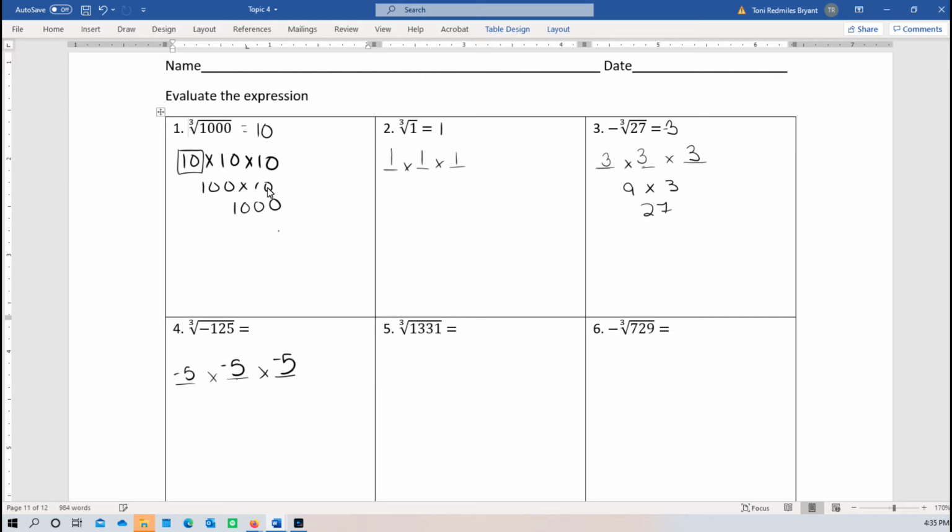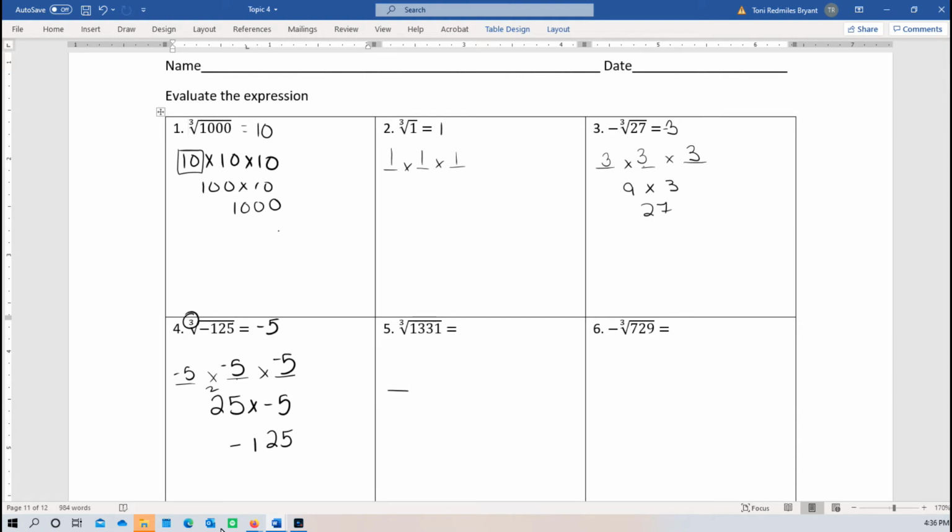Negative 5 times negative 5 is positive 25. Times negative 5 is going to give me a negative 125. So the answer ends up negative because I'm multiplying it 3 times. And this is a pattern we see: if the index, remember this is the index right here, is an odd number, then it can have a negative answer.